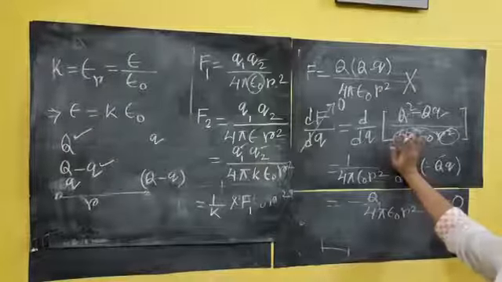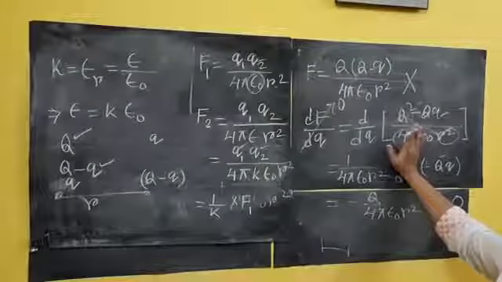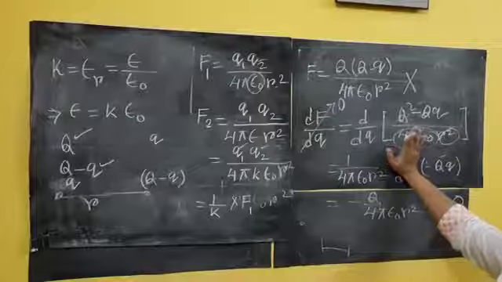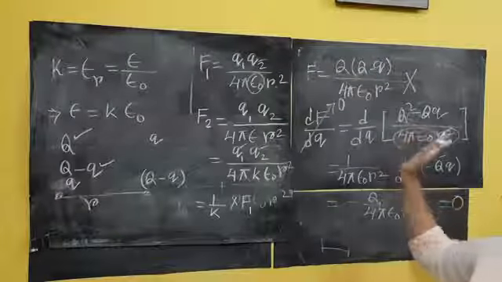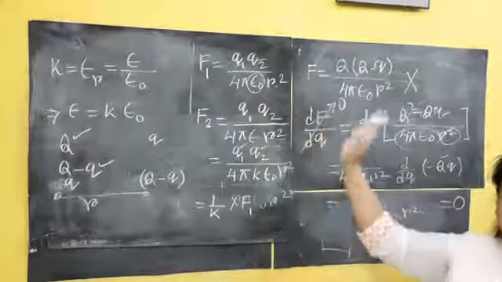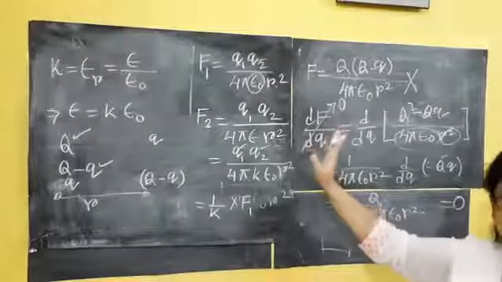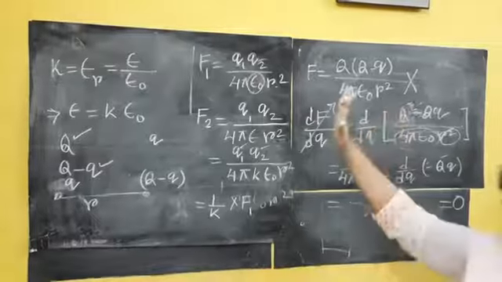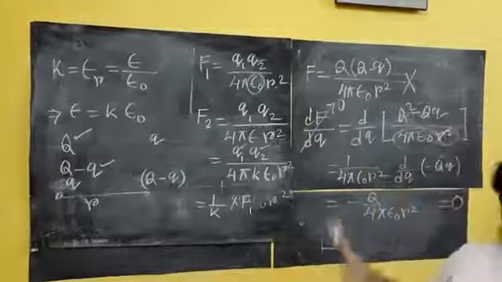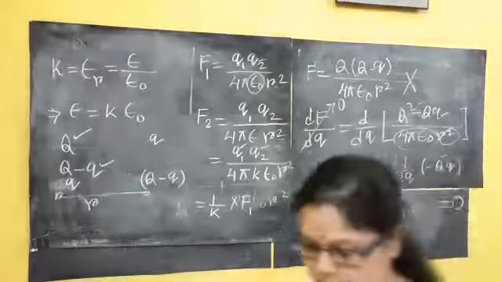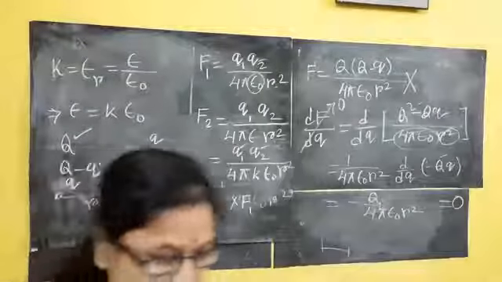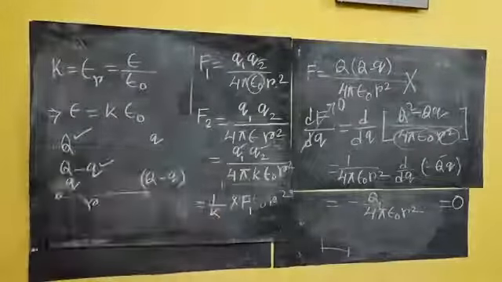Again telling why: suppose I have 4 coulomb charge, and I have taken out the small charge, so the remaining is Q minus 4 coulomb. So for the remaining, I am calculating the effective force of these two. The other things will be the same; only this part will change a little bit.